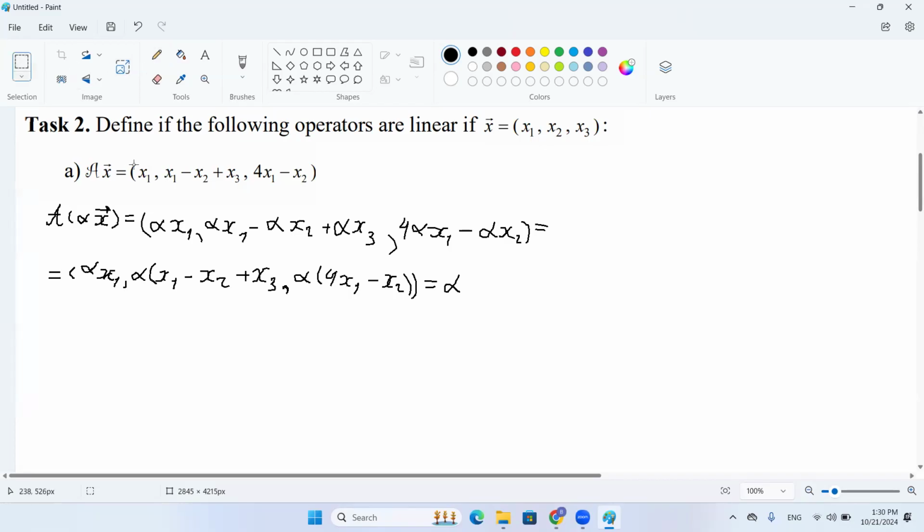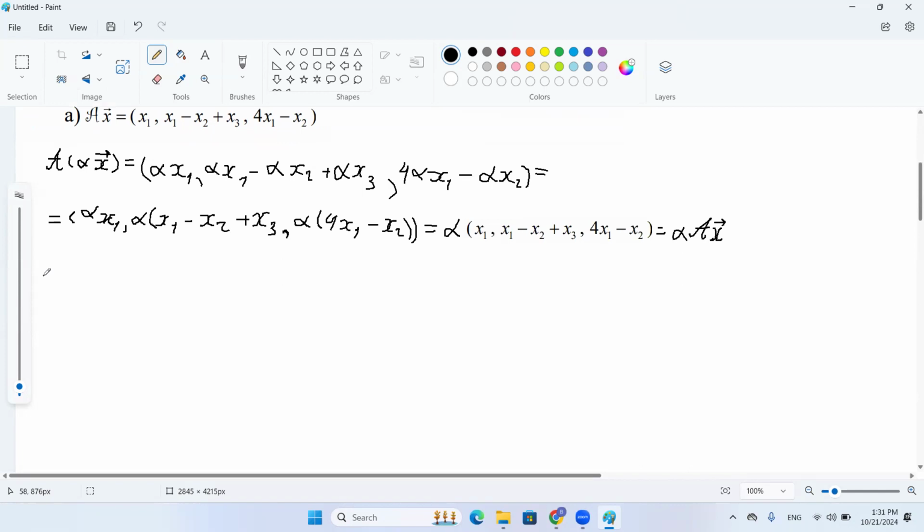I will just copy and paste it. So it equals alpha AX. And now let's check the sum. So it will look in the next way.